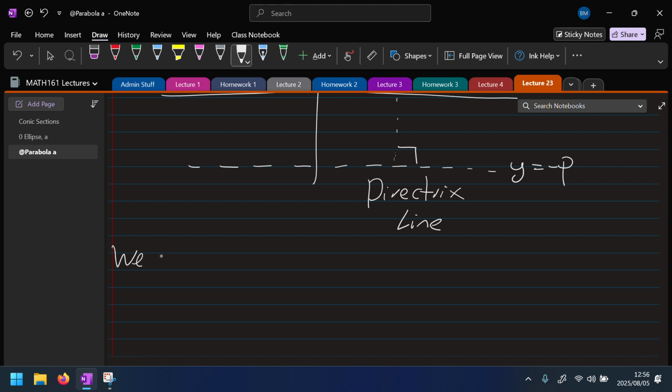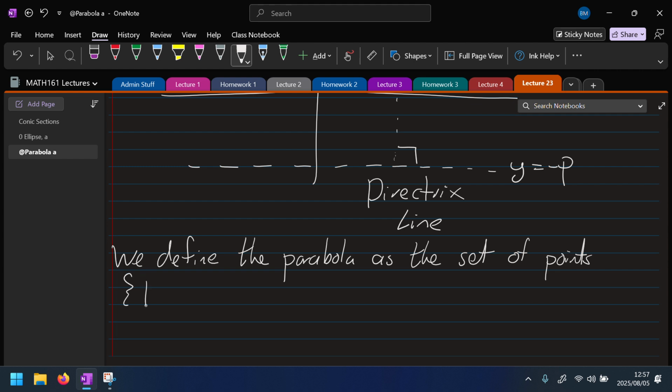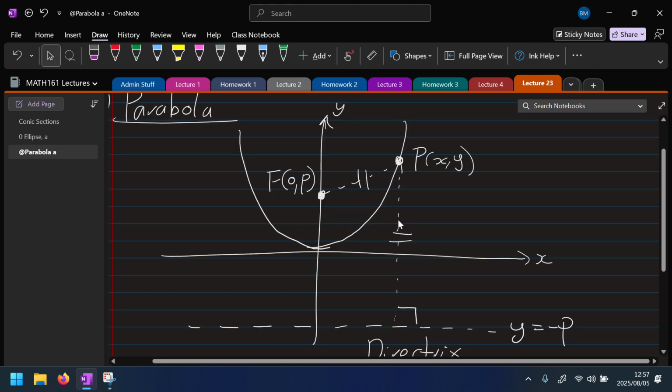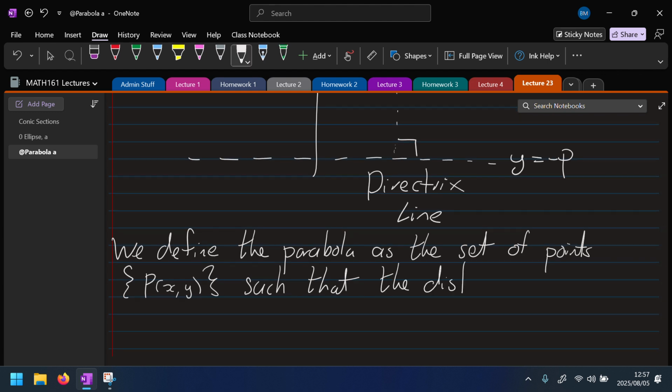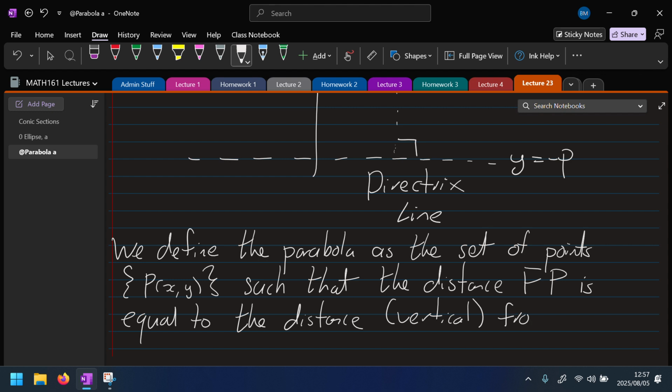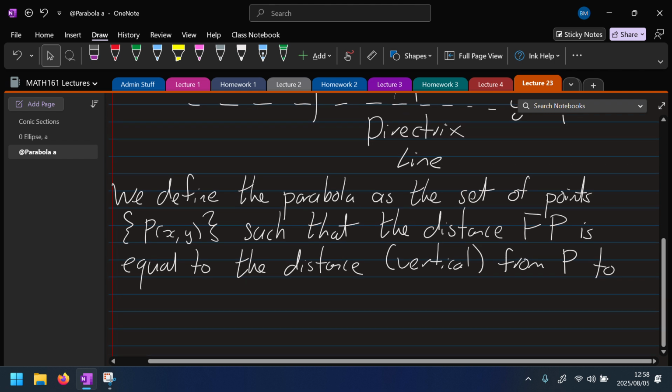Okay, so let's write it out. So we define the parabola as the set of points P such that the distance from F to P is equal to the distance, and that's the vertical distance, just to emphasize that, the distance from P to that directrix line at the bottom.